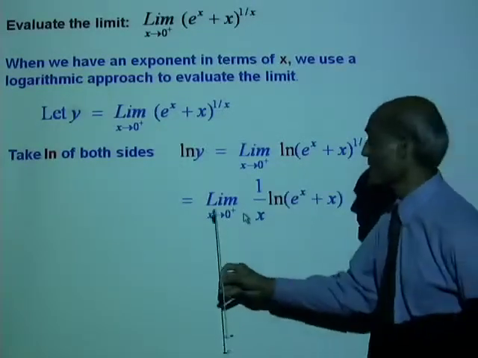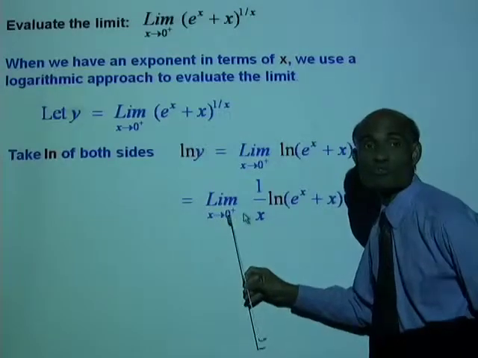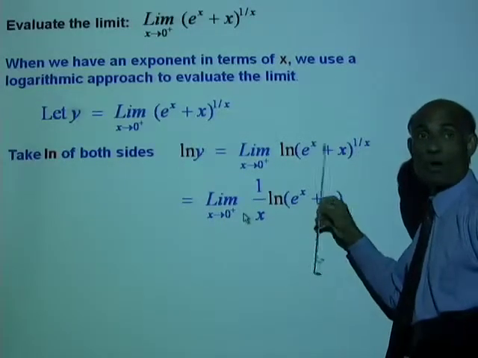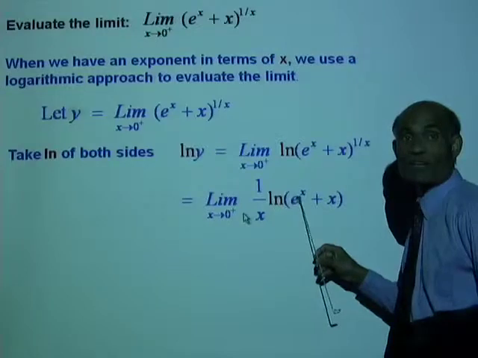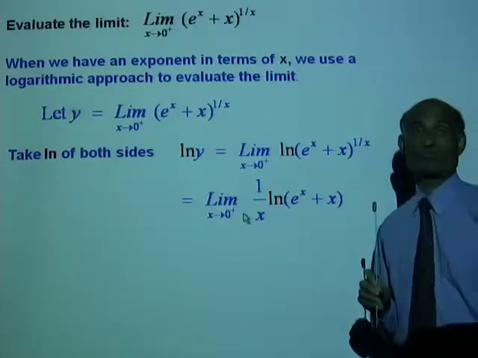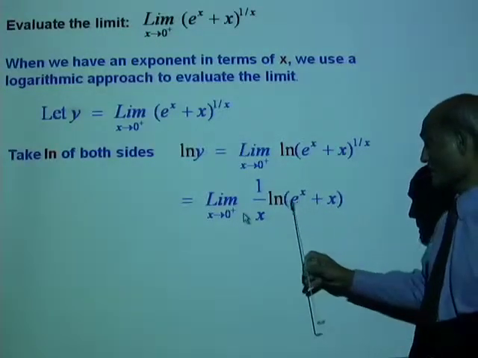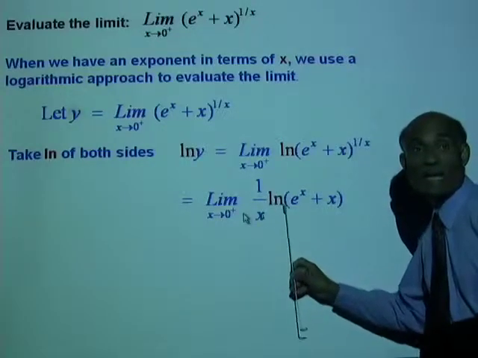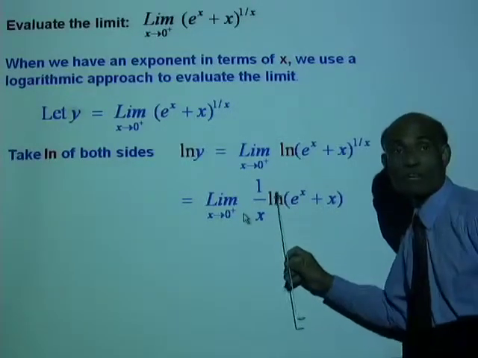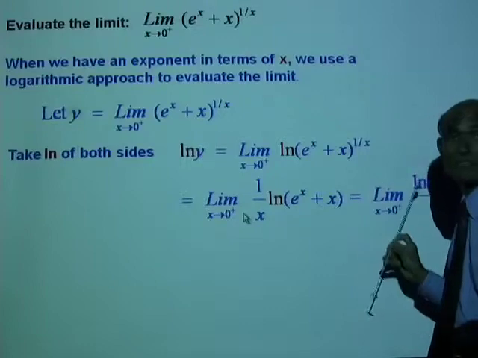That's right. So that will be the limit as x approaches 0 from the right of 1 over x ln (e to the power of x plus x). Well, this is the same as ln (e to the power of x plus x) divided by x.